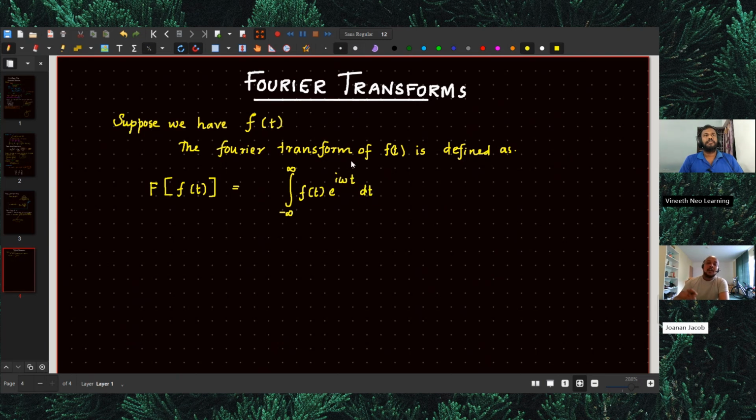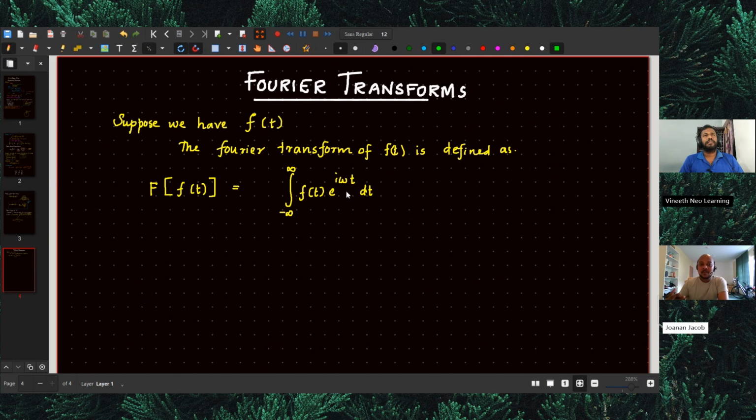Now, there is a 1 over square root of 2 pi as well. Different textbooks use different notations. Some textbooks use 1 over square root of 2 pi, and some even take the Fourier transform as e raised to negative i omega t instead of positive i omega t.